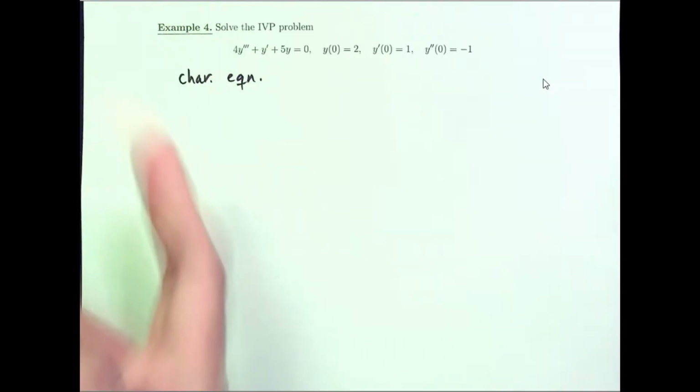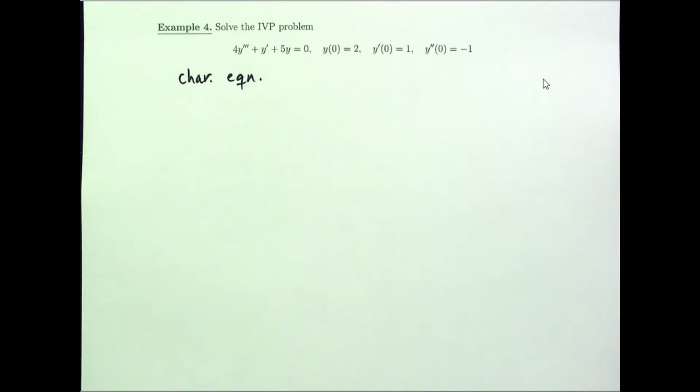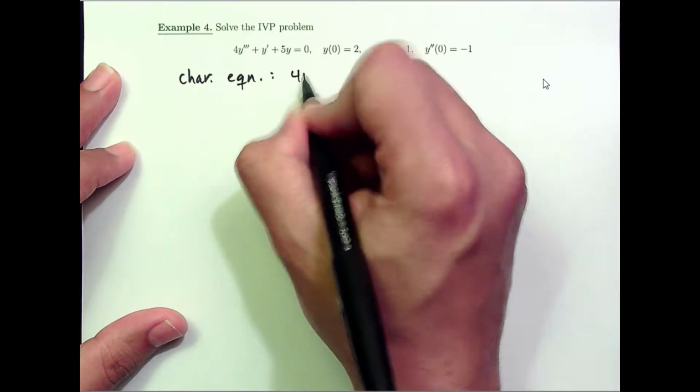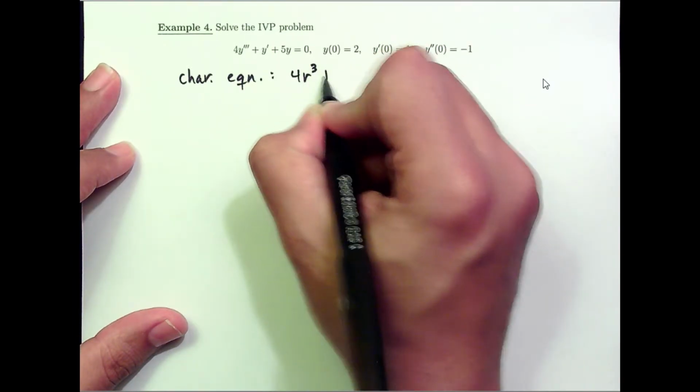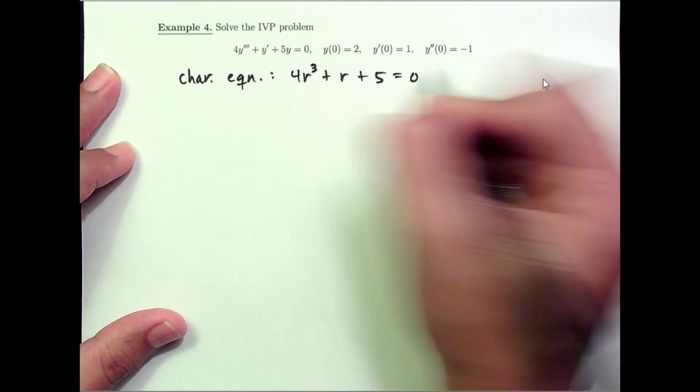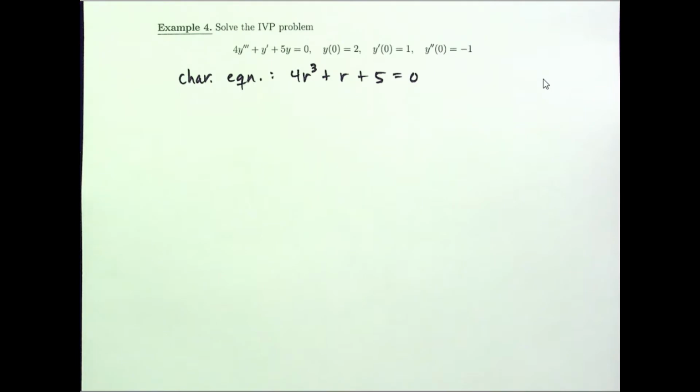This is a linear differential equation with constant coefficients, so you solve it by figuring out the characteristic equation and solving that. The characteristic equation of this is 4r cubed plus r plus 5 equals 0. And then you're supposed to solve this.